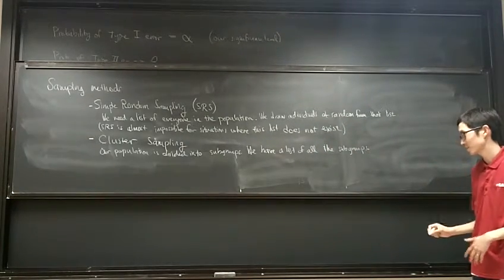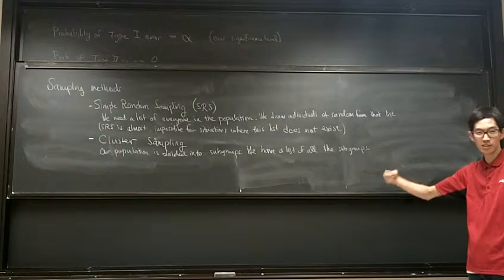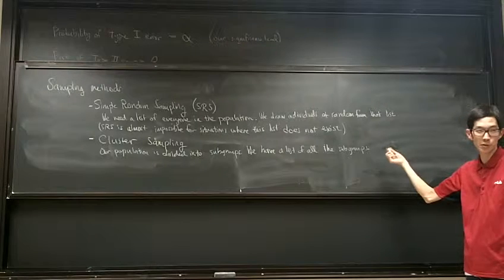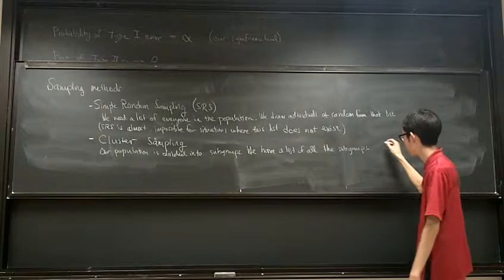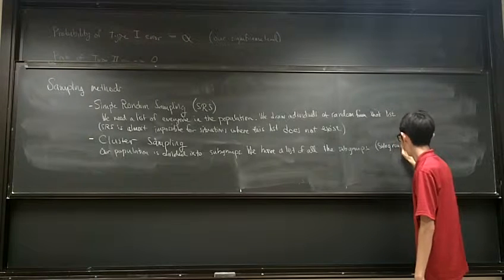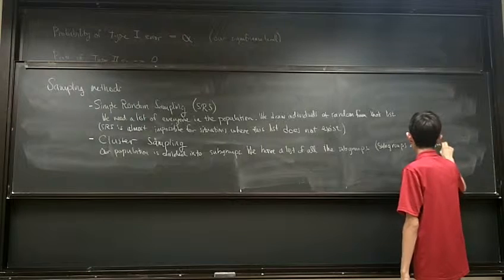These are basically it's divided. The population is divided into groups. Okay, all right. The subgroups are called clusters, by the way. Okay, that's why we call this cluster sampling. Okay, the subgroups are clusters.